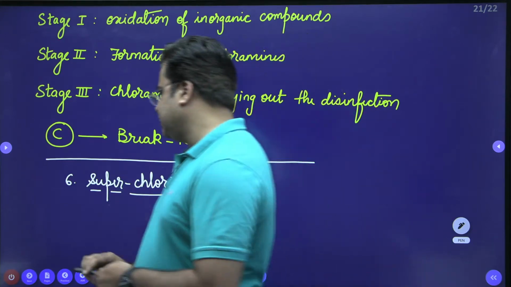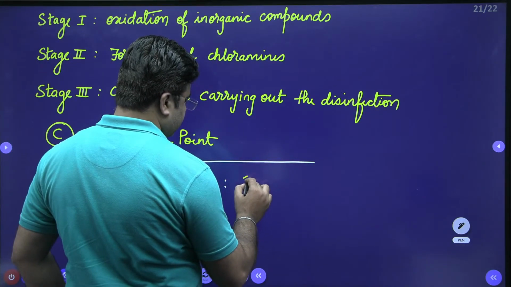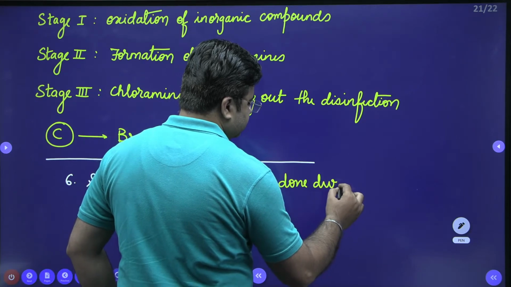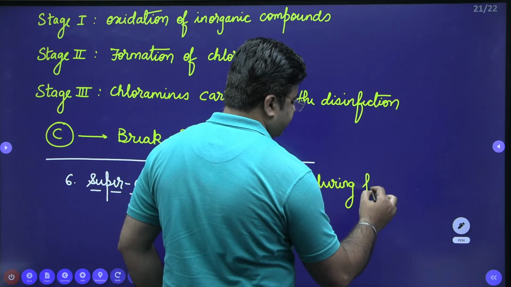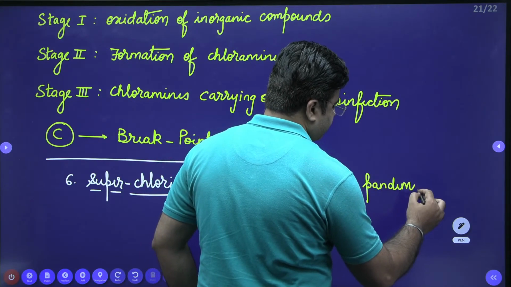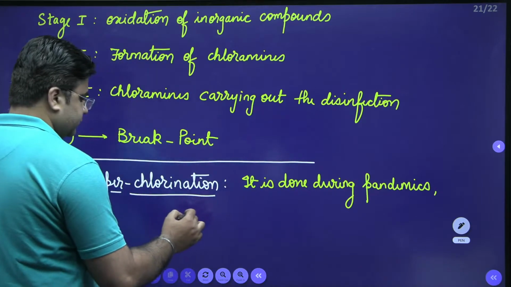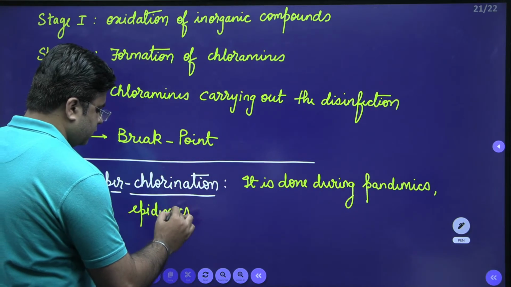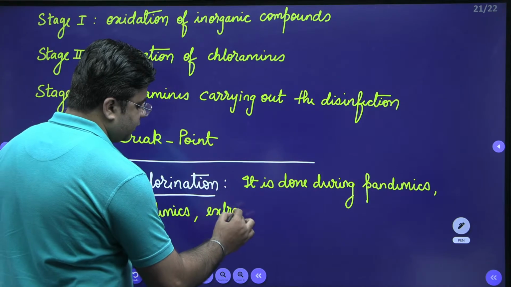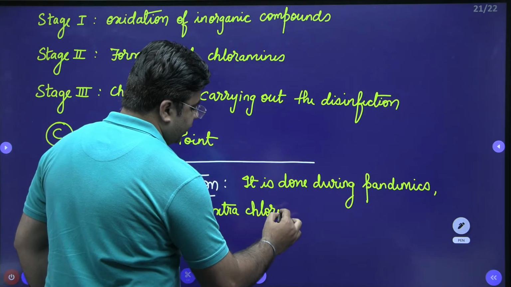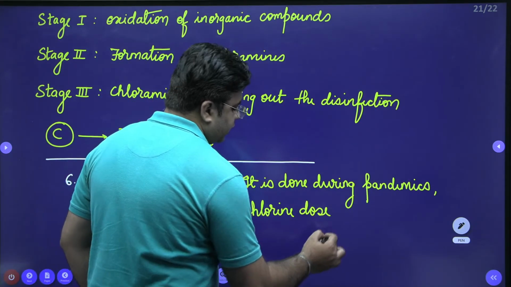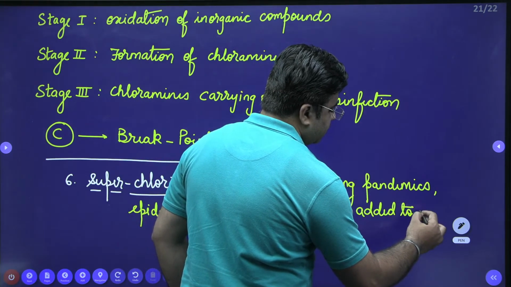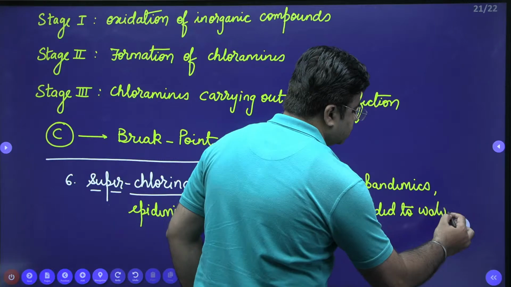So, superchlorination is done during pandemics or epidemics, where an extra chlorine dose is added to water, right?